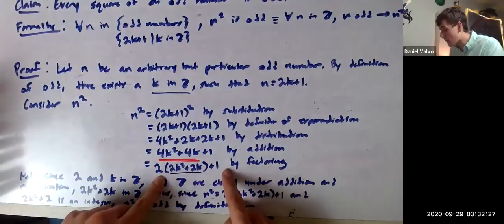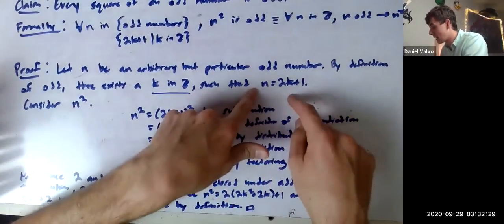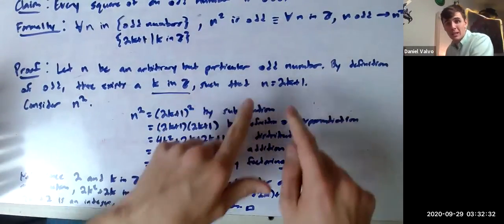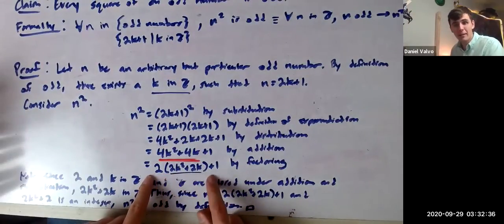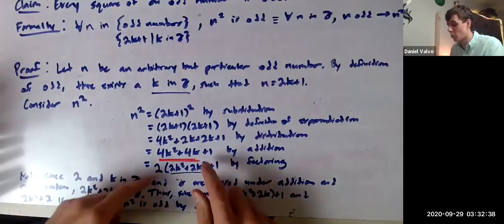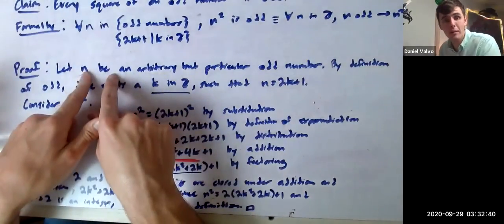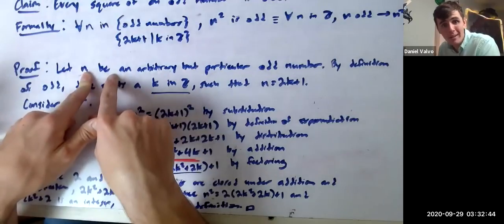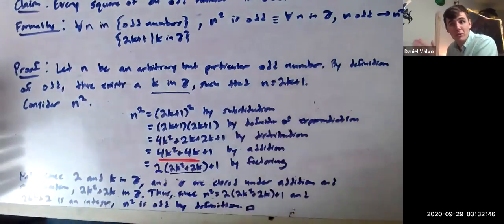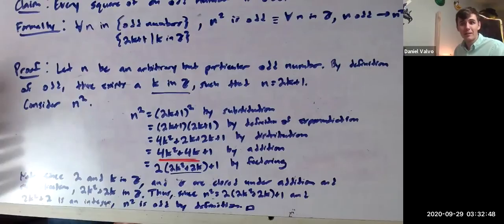The property of a number being odd naturally leads to the property that the number squared is also odd. And since this works for any arbitrary n, this works for every odd number. So all odd numbers have the property that when squared, they're odd.